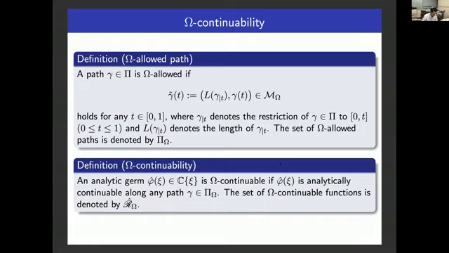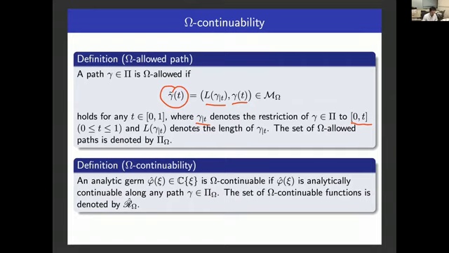We say that a Lipschitz continuous path γ in Π is Ω-allowed if γ̃(t), where L(γ_t) is the length of the path γ_t, the restriction of γ to the interval [0,t], is in M_Ω. Then γ̃(t) avoids the singular points described by the discrete filtered set Ω.